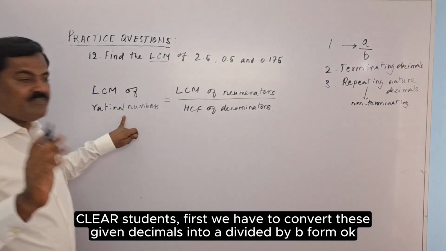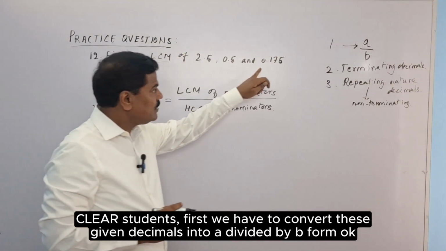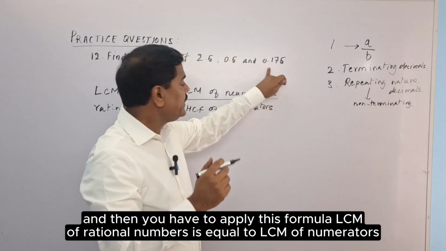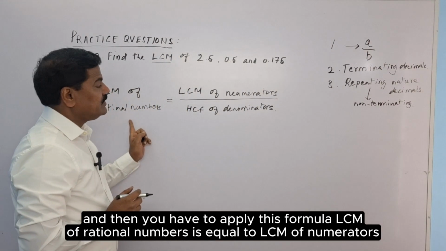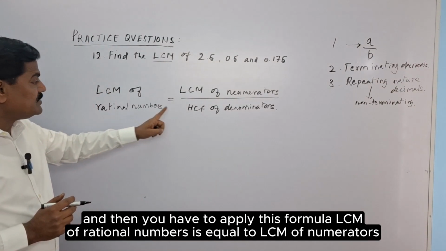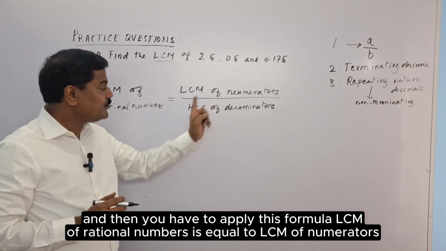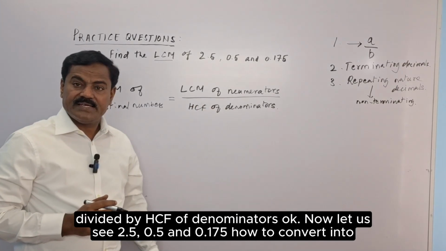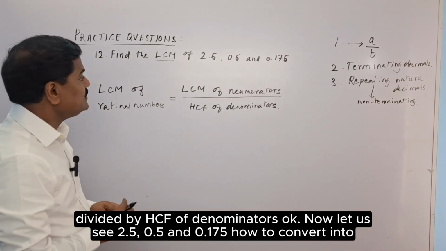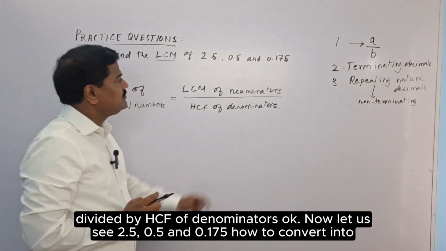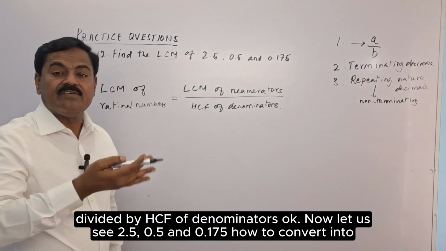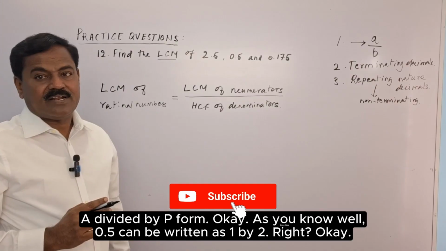First we have to convert these given decimals into a divided by b form, and then you have to apply this formula. LCM of rational numbers is equal to LCM of numerators divided by HCF of denominators. Now let us see 2.5, 0.5 and 0.175, how to convert into a divided by b form.